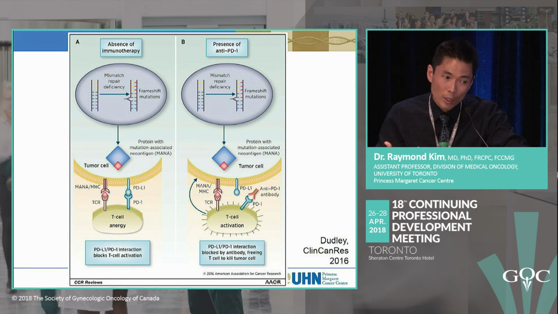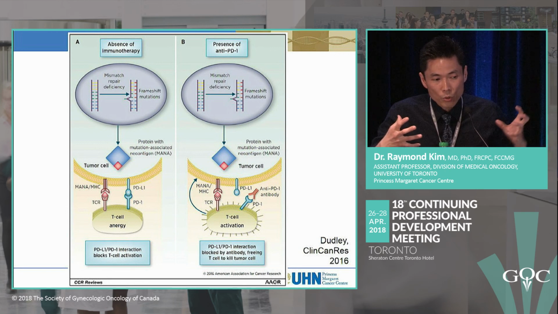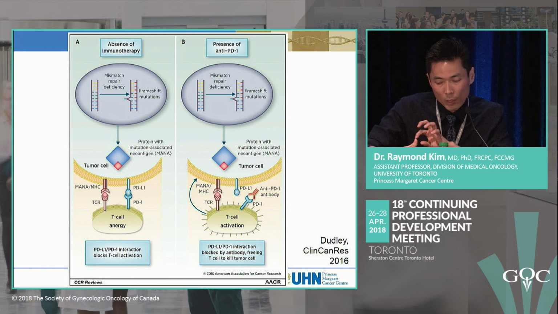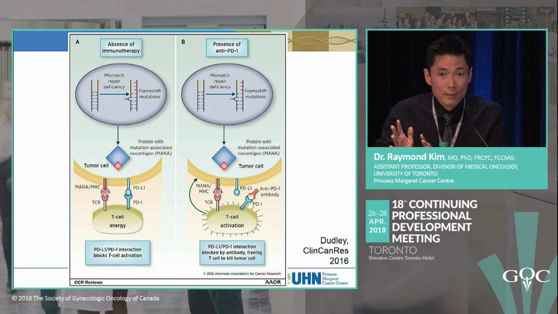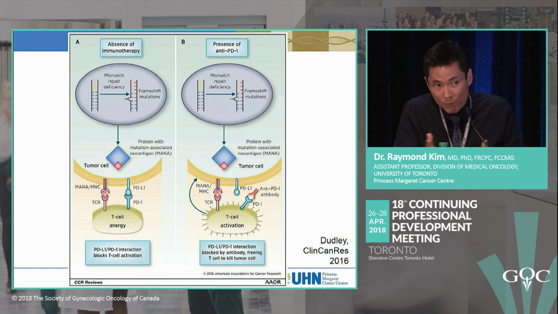But what that also causes is lots of foreign proteins to be expressed. These foreign proteins are expressed on major histocompatibility complexes, or MHCs, and the T cell receptor tries to match it and will recognize it as foreign. But the tumor cells have increased PD-L1 ligand to prevent the T cell from recognizing it. So that's the way the tumor has evaded this.